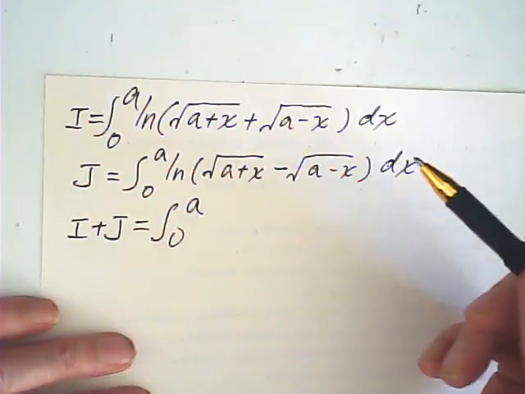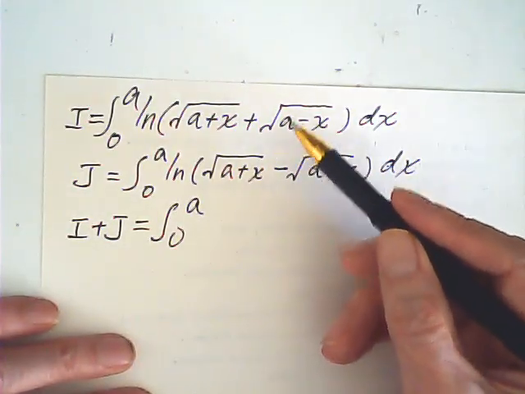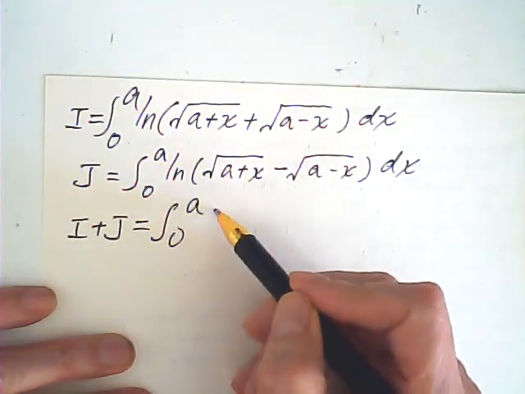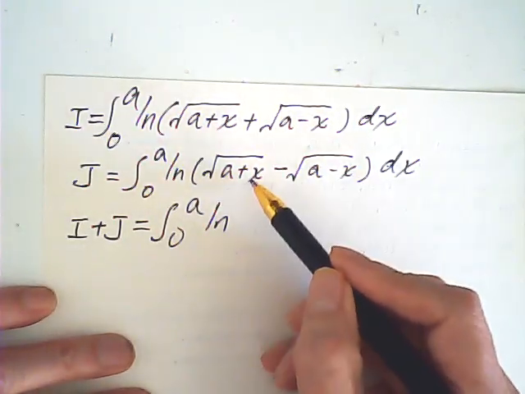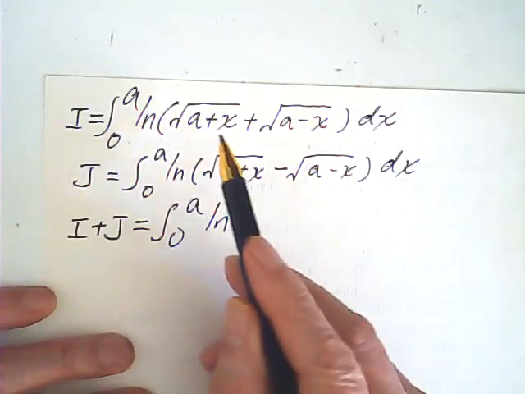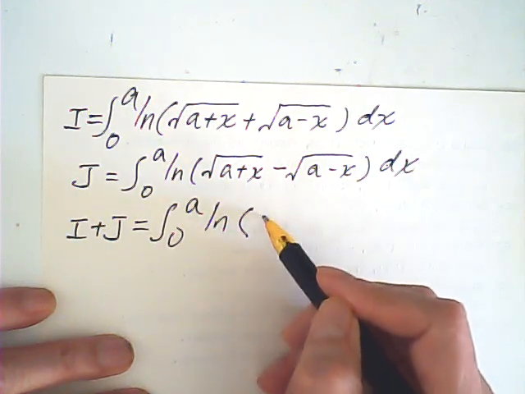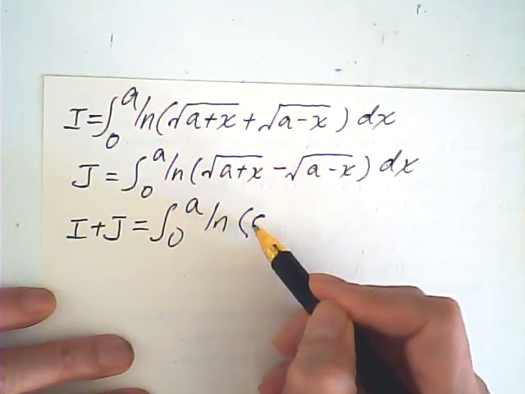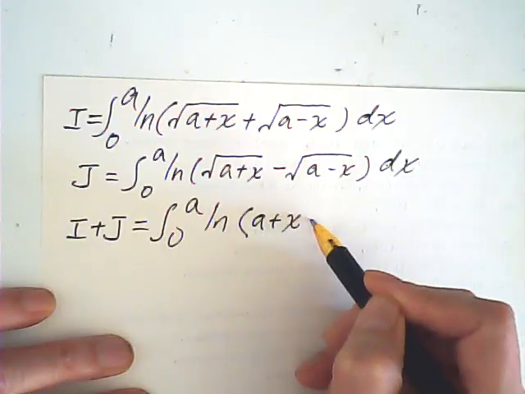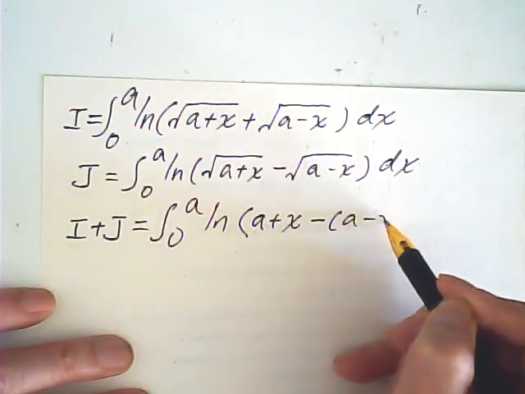Then use the property of logarithm. It becomes a natural log of (a plus x) times (a minus x).